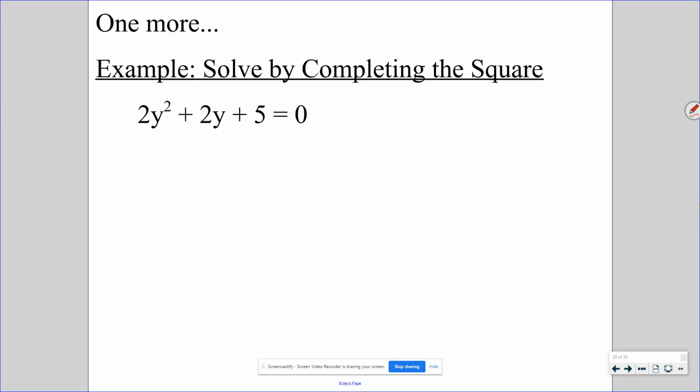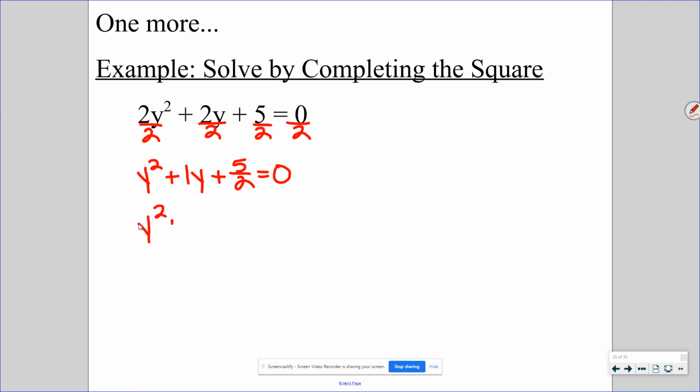Okay, now completing the square can get a little bit messy when you have a number in front. So in this particular example, I do have a number in front, and it's not factorable with a 2 in the front. So I'm going to go ahead and take the 2 and divide the entire equation by 2. Everything is still balanced because I did divide everything by 2.